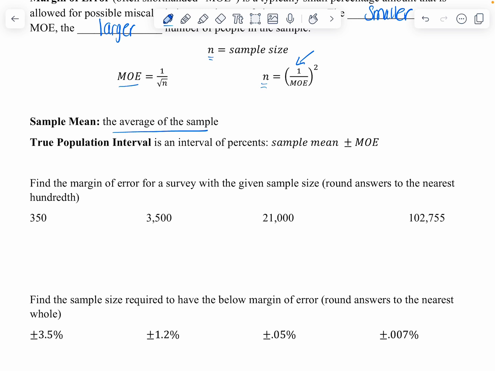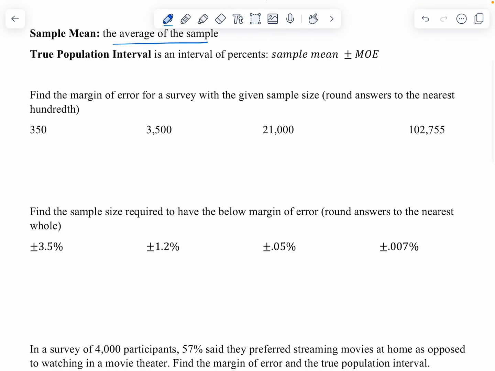And that's an interval, and an interval is a range of percents where we take the sample mean, the average of the means, and we add or subtract that margin of error to kind of see, how far off could we be? What's the range of miscalculation?